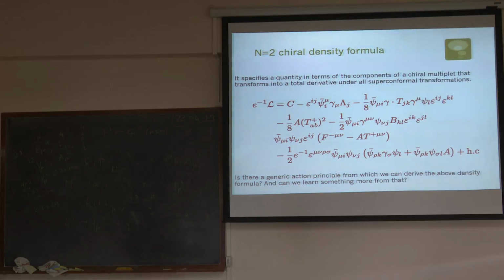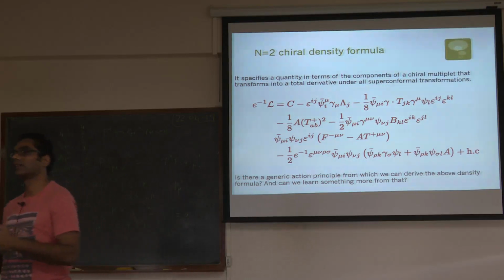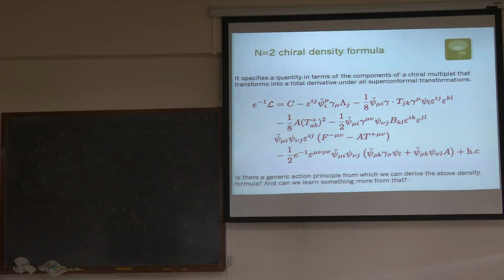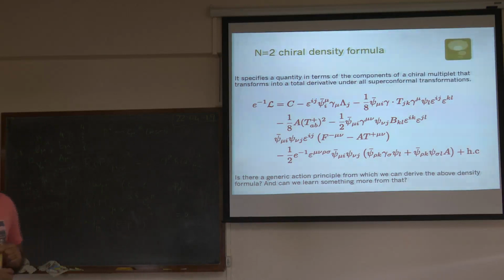Similarly, if you want to obtain the action for the N=2 vector multiplet coupled to conformal supergravity, all that you need to do is write down a chiral multiplet coming from the gauge invariant objects of the vector multiplet, put it into this formula, and you obtain an invariant action for the vector multiplet coupled to conformal supergravity, and so on.